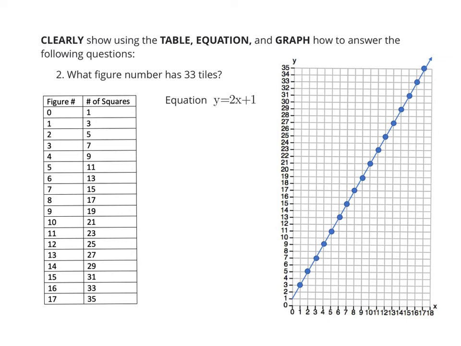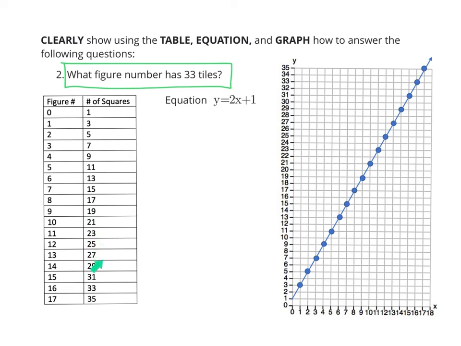Okay, hopefully we all have answers using the table, the equation, and the graph, and I'm just going to walk you through. Hopefully all 3 of those answers matched. So we are trying to figure out what figure number has 33 tiles. That's my main question. And what I'm going to do is start by going to where the 33 tiles is on my table of values.